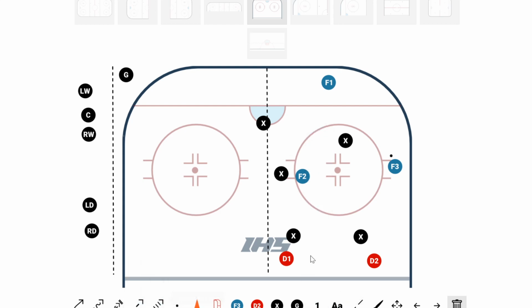So while this is ideal, as you can see, this is not so bad either. Plenty of net to shoot at, but this is superior in that you are an easier passing option for your teammates. Therefore, it is easier to funnel pucks to the net for good scoring opportunities.